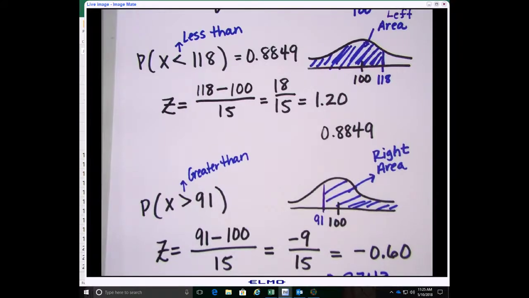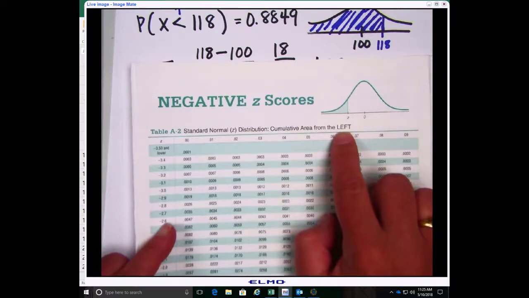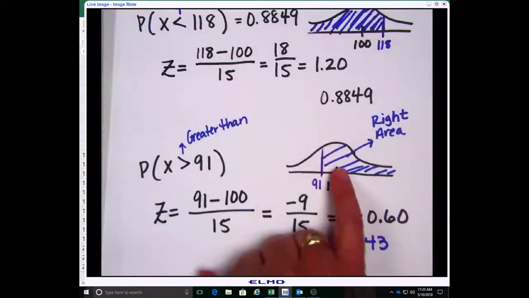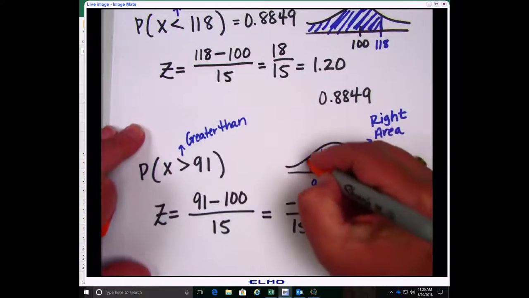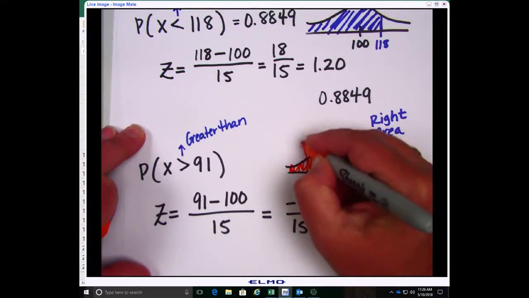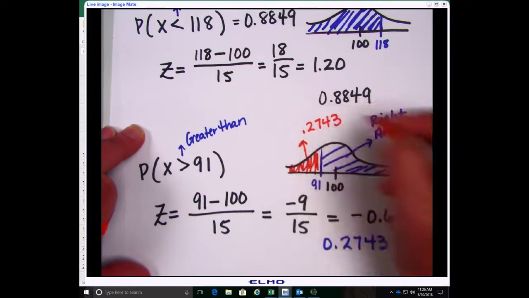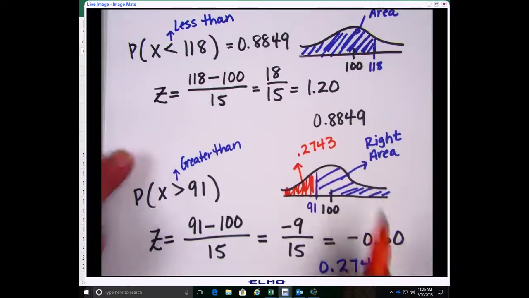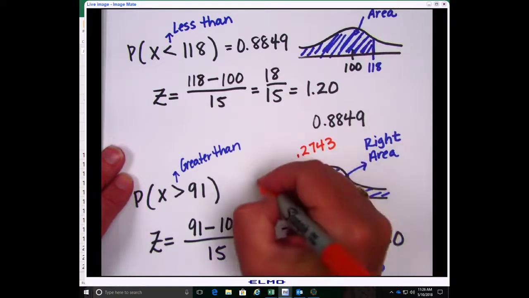But what area is this exactly? Notice that my table only gives left areas. So this is not the area that I'm looking for. This is actually the area in here. So this area in here is 0.2743. So how am I going to find the right area? Well, I know that the total area under this curve is 1.